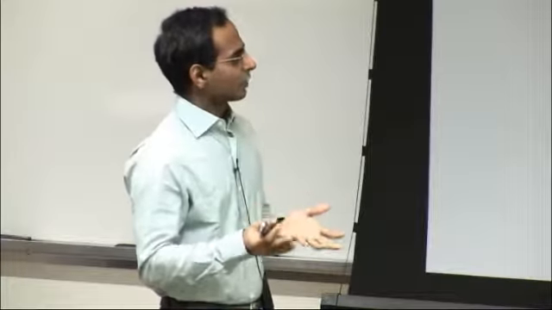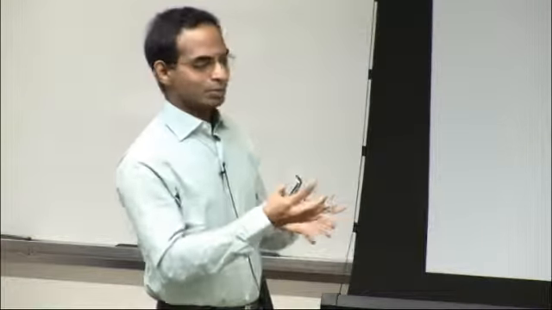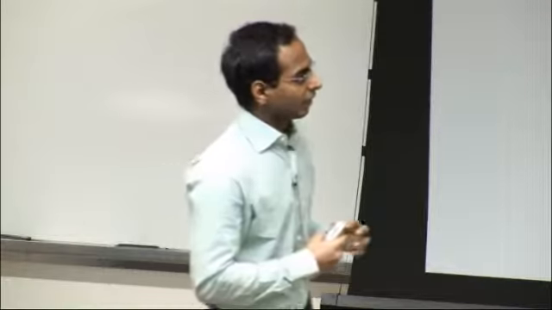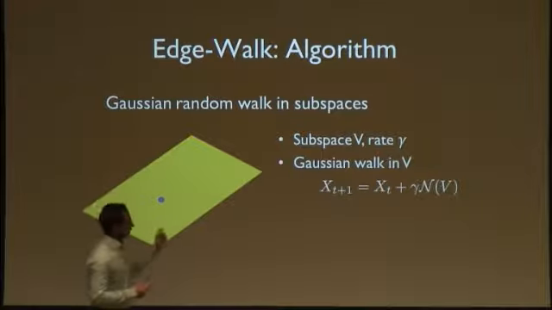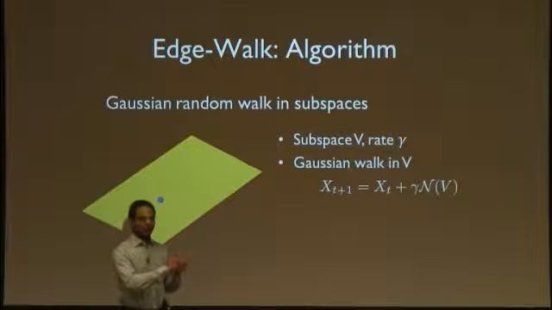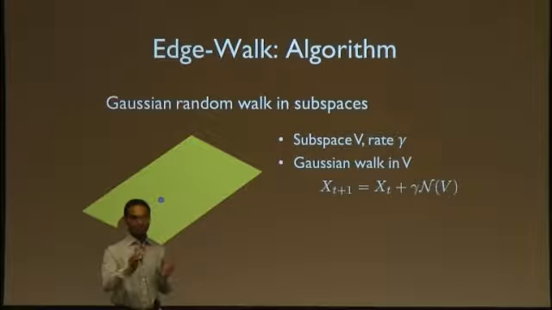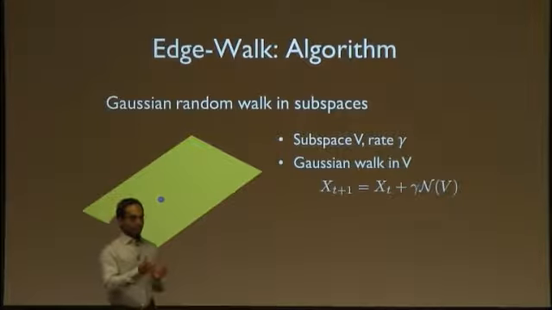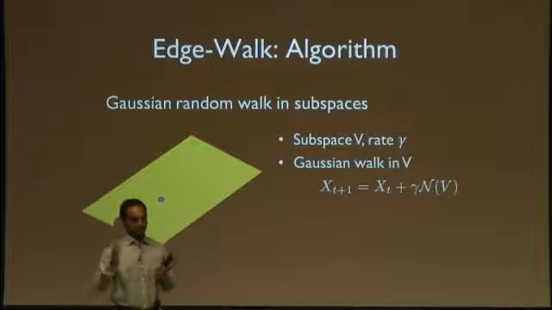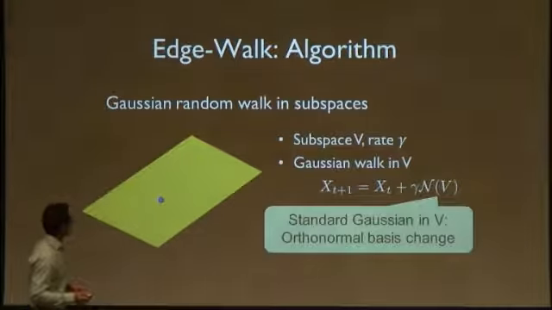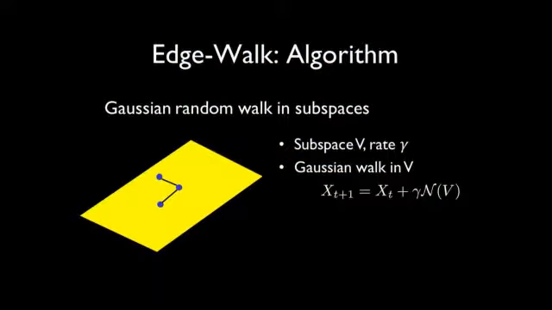The random walk is pretty natural. You have some subspace V, and given your current position, you choose a random Gaussian vector in your subspace and take a step of length gamma in that direction, where gamma is some step size. You want to take tiny steps, not too large. So the walk looks something like this.